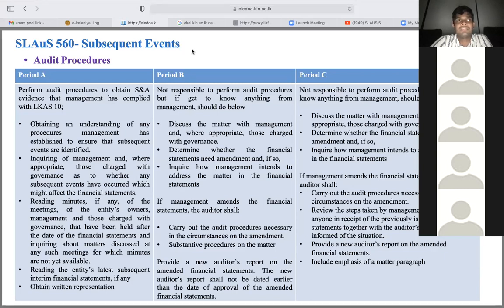So if a subsequent event happens like this after the issuing date, they always take maximum effort to inform the shareholders, because shareholders are making decisions based on the financial statements. Simple as that. Any concerns?